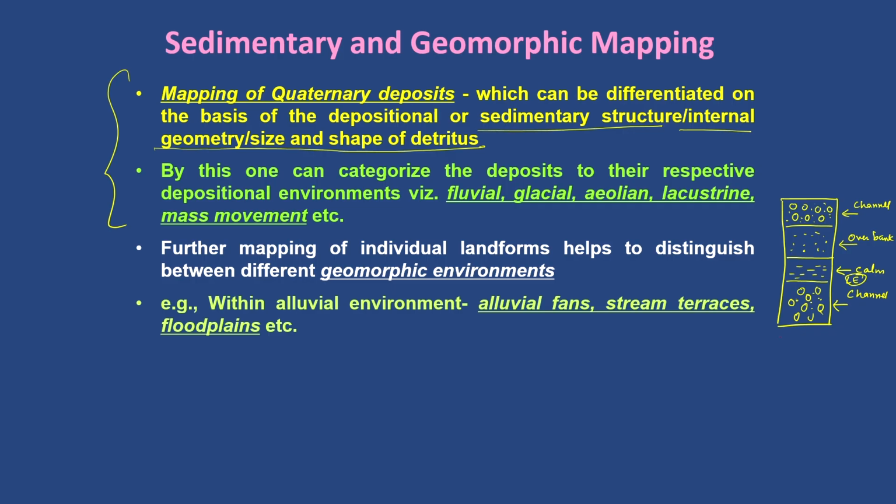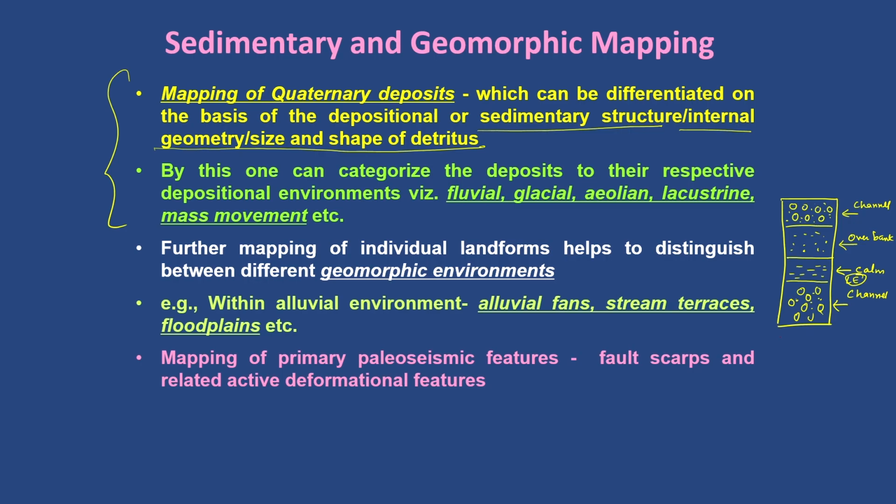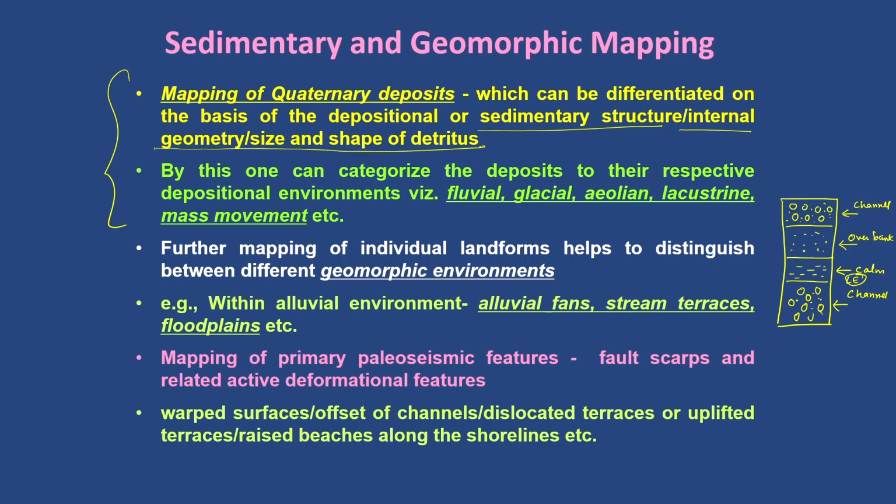Now, within the alluvial environment we have alluvial fans, stream terraces, floodplains, etc., and the mapping of primary paleoseismic features, that is, the fault scarp related to active deformation. So we see warped surfaces, offset channels, dislocated terraces, or uplifted terraces, raised beaches if you are along the coastline, and so on. Differentiating primary depositional features from tectonic features is important.